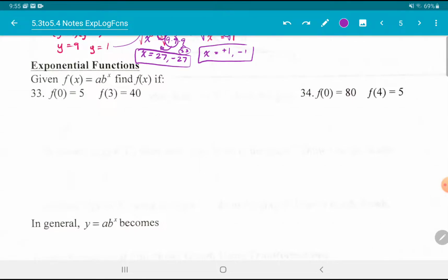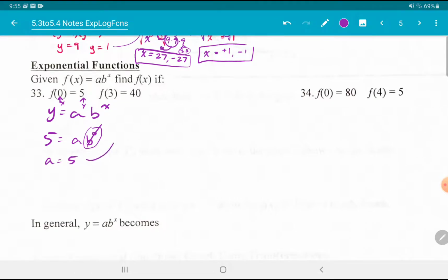Well, if we know that our basic function is a times b to the x, then in this case, x is 0 and y is 5. So if we plug that in, we get 5 equals a times b to the 0. Now we know anything to the 0 always gives us 1, so basically a is 5.